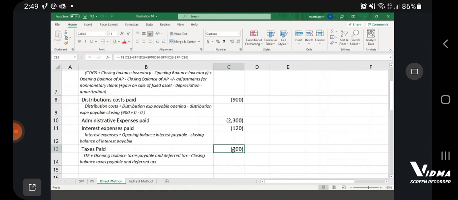Again, the formula is the same. Take the item of expenditure from the income statement and adjust for the opening and closing balances of the related items in the statement of financial position. Be aware that sometimes more than one item will be related to an adjustment.